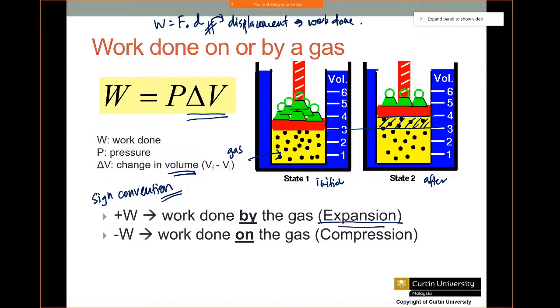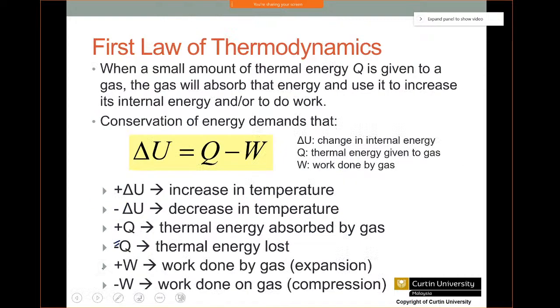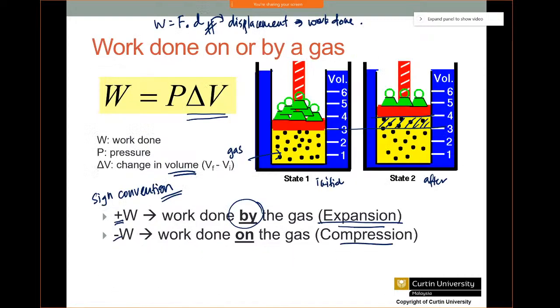So work done by the gas is positive in the sign convention. If the work is done on the gas, the gas is being suppressed, so it's compression, and it will be negative work done.